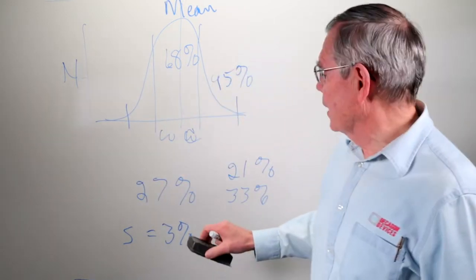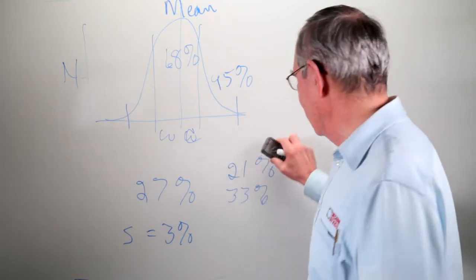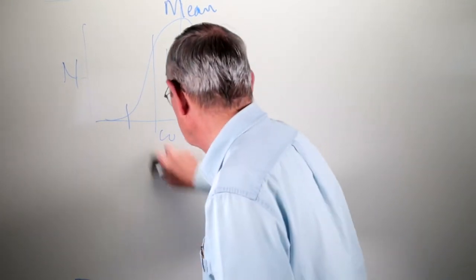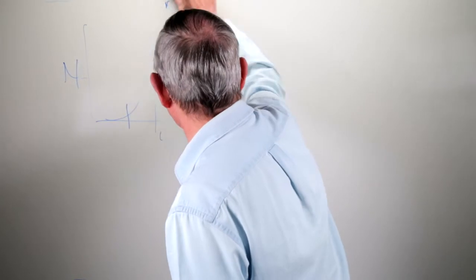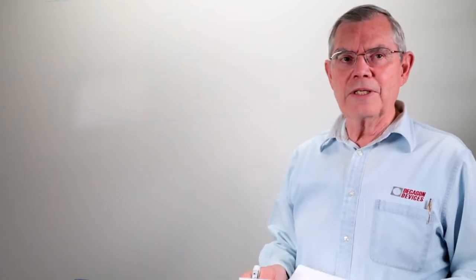Now we may say, well, that's not good enough. We need better values than that. And so what do we do? Well, we need to take more samples. And so we take a number of samples and average them.